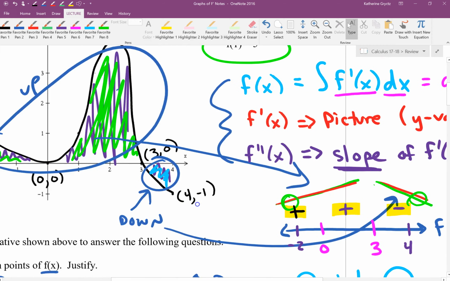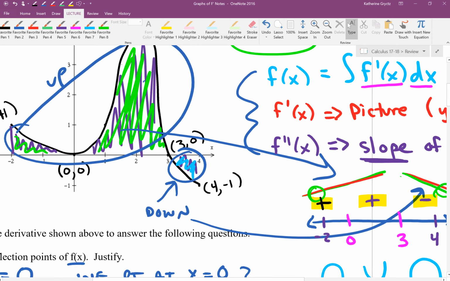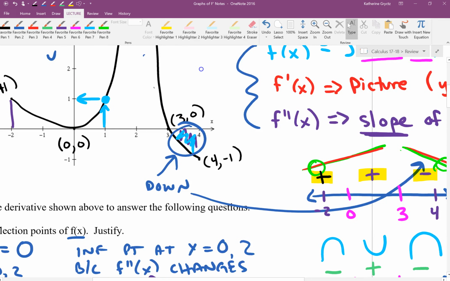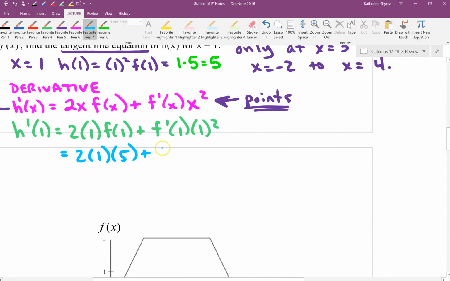It's our y value. Sorry, there's a bunch of mess. But f prime of 1 is right here, and that is equal to 1. So we have 1 times the 1 squared, which is 1. So we end up with 10 plus 1, which is 11.